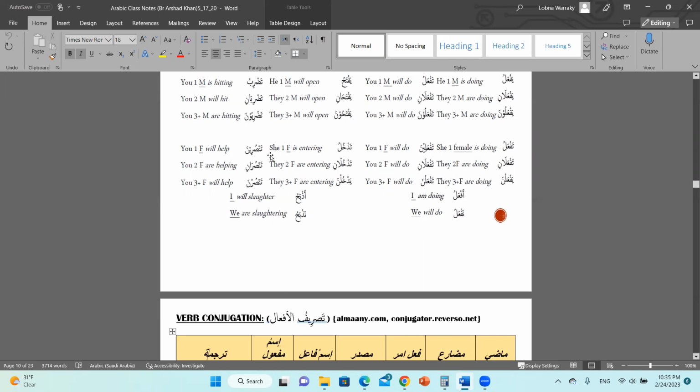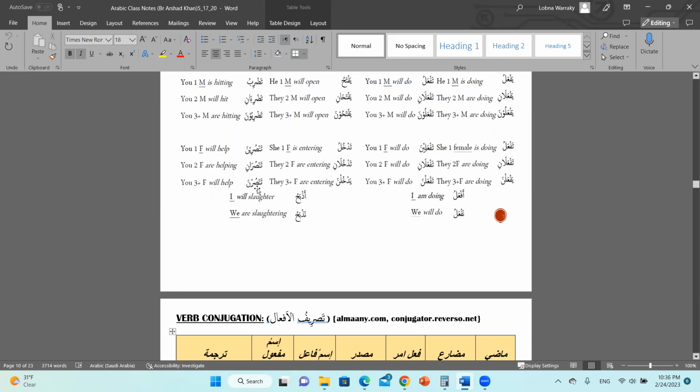So هل تنصرين أولادك? Are you helping your children? So نصر is to help. تنصرين is a female. هل تنصرين الأولاد, are you helping the children? This is تنصران, two females. تنصرن is again three or more.